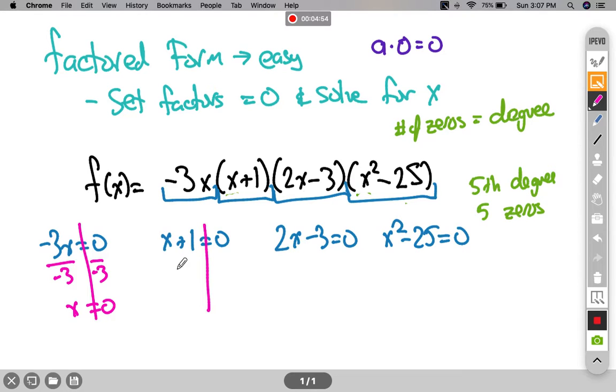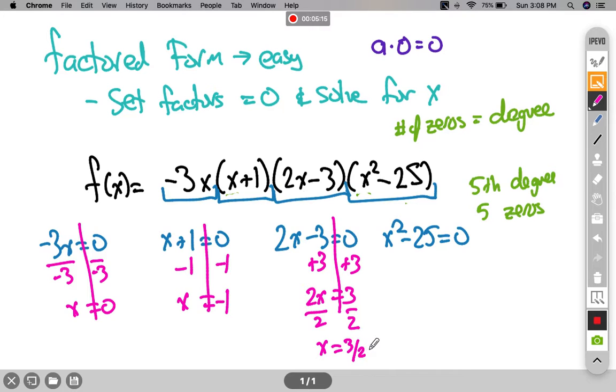For this one, I subtract 1: x equals negative 1. Now I have to do a little bit more work. I'll add the 3 and get 2x equals 3. I divide by 2, and I get x equals 3 halves.